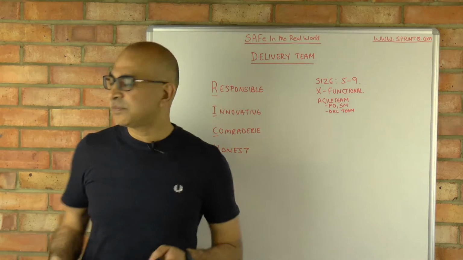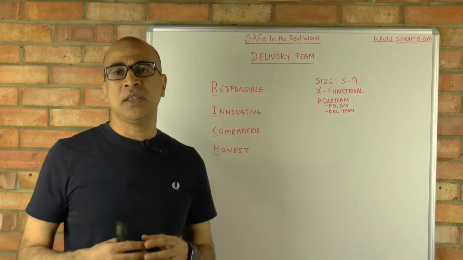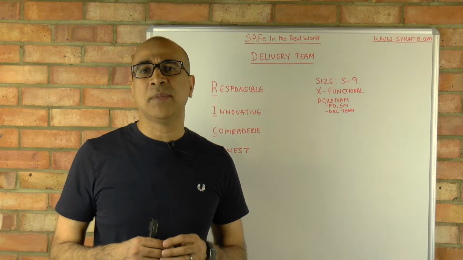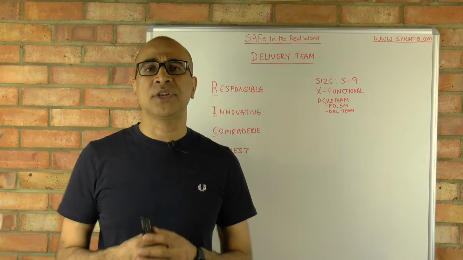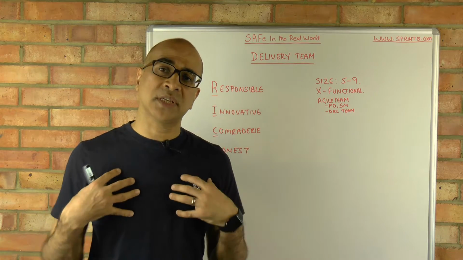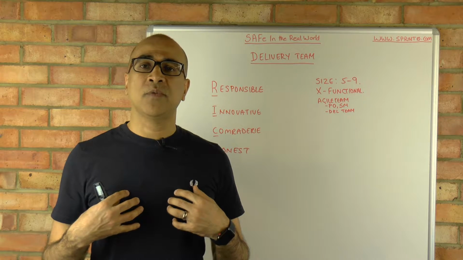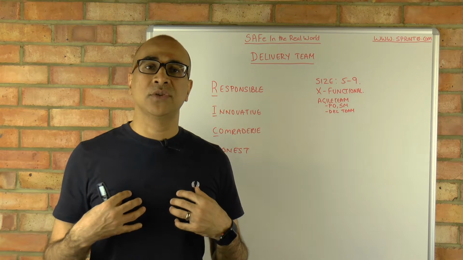And finally is honesty, and this also comes up in the Scrum values, about openness and courage, and being honest is quite challenging. Sometimes it's about being honest with ourselves: can we really achieve what we think we are committing to, right?